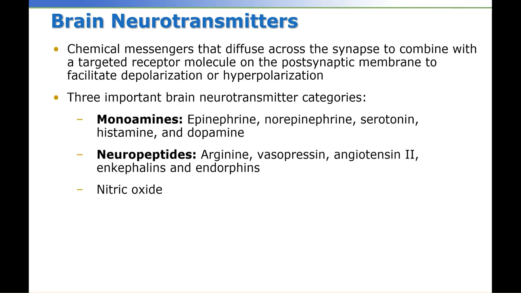You have arginine vasopressin, angiotensin 2, enkephalins, endorphins. So endorphins, if you've heard of it before, the release of endogenous opioid transmitters with physical activity contributes to exercise high. That's an endorphin, beta endorphin. And nitric oxide is a substance that causes a vasodilator effect, where it causes your vessels to widen.